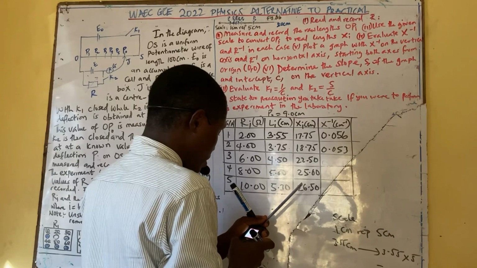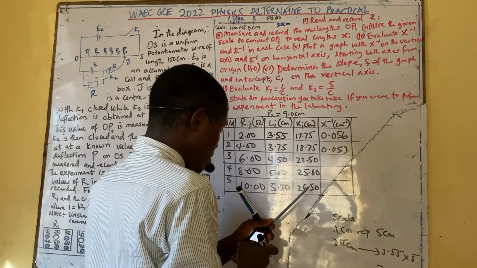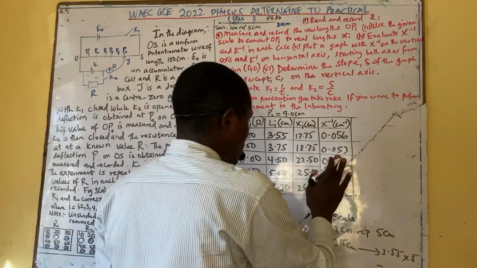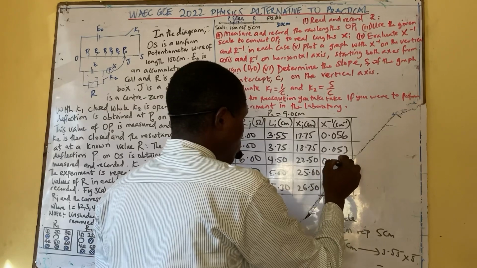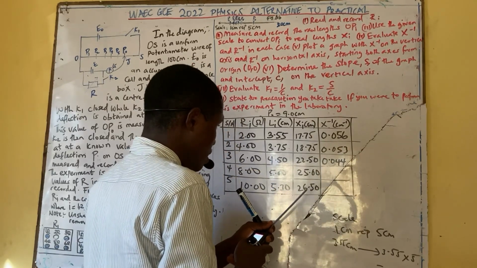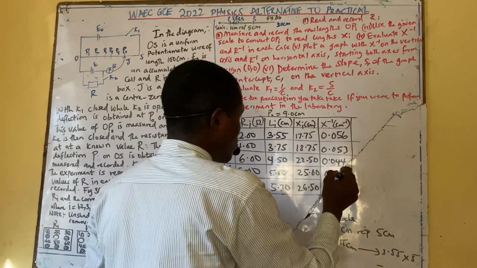1 divided by 22.50 is 0.044. Then 1 divided by 25 is 0.040.